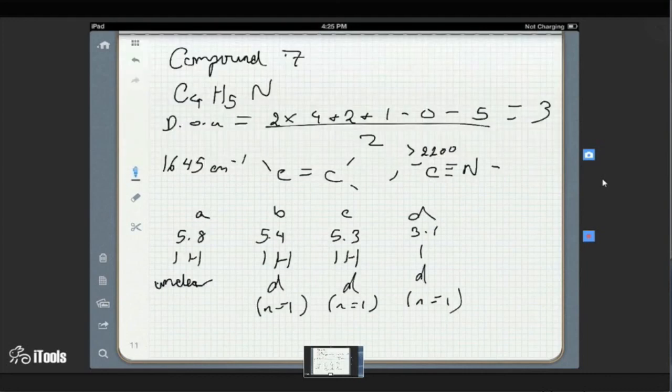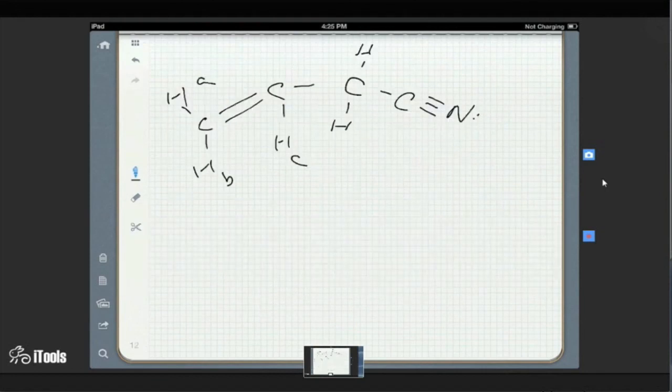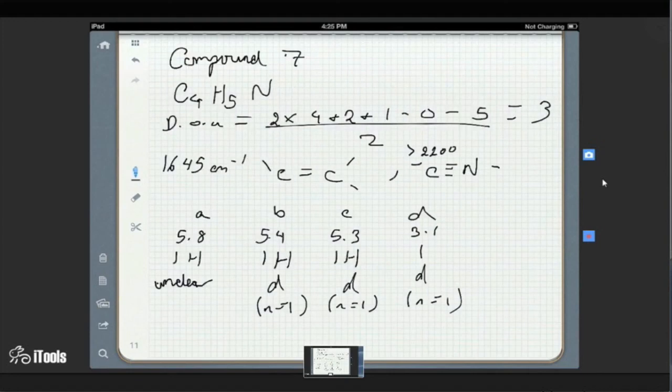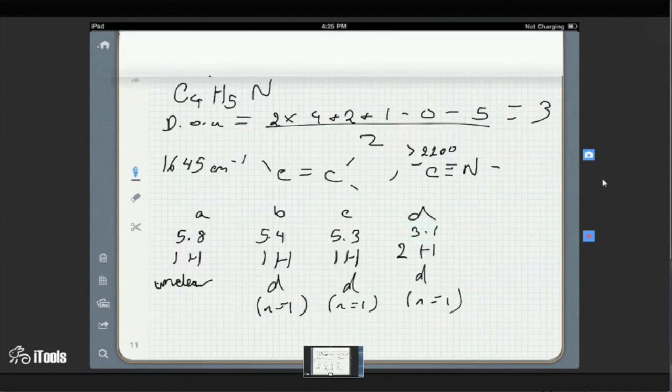The D is at 3, and that's a peak of 2 hydrogens. So that's going to be on.